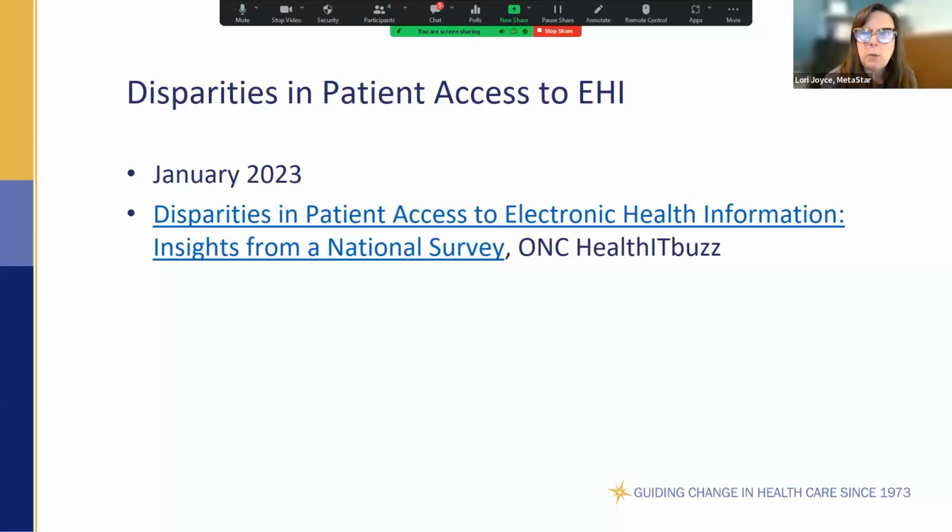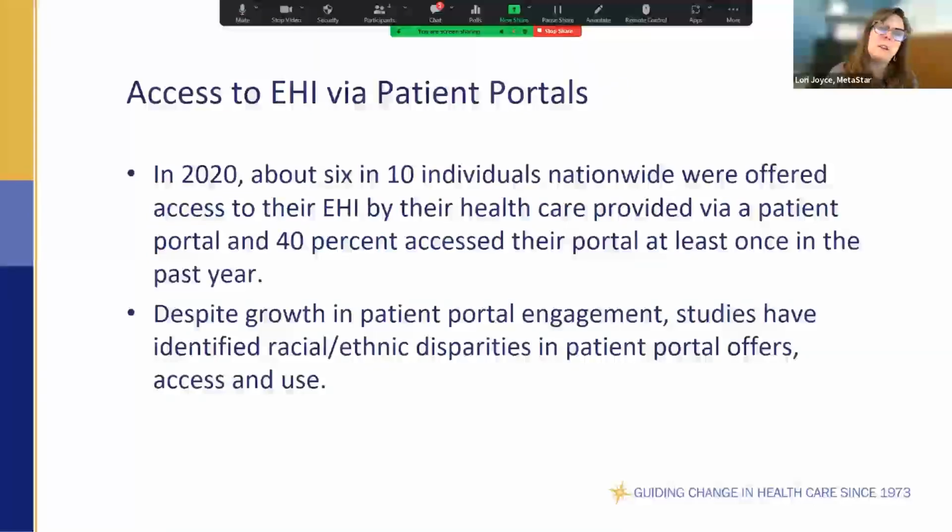The final thing that I wanted to make sure that everyone was aware of, and I thought might be interesting to think about, is that recently the ONC did publish some data that shows the disparities in patient access to electronic health information. I do have a link to the full report. Basically, what it says is that in 2020, about 6 in 10 individuals nationwide were offered access to electronic health information by their healthcare provider via a patient portal.